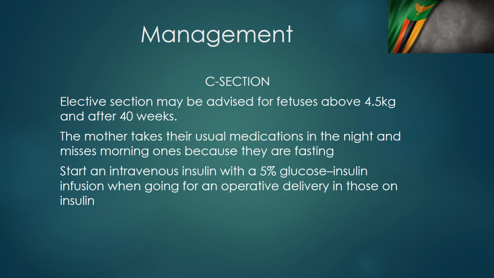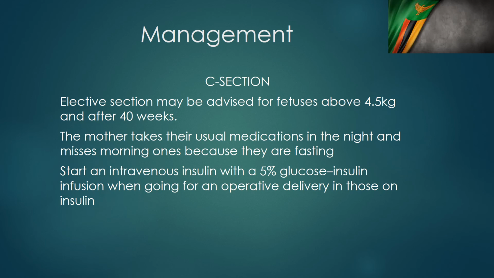It's the same as inductions. They need to also be done as early in the morning as possible. So the issue of an infusion of glucose and insulin applies the same way as it applies in the patient in the active phase of labor.